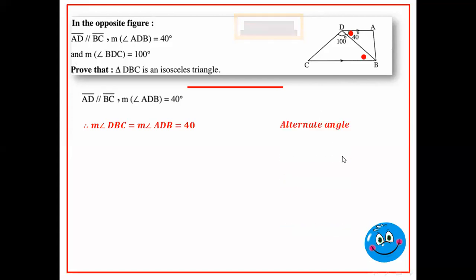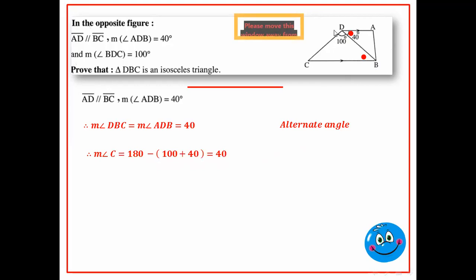Now in triangle DBC, we have two angles. How can we get the third angle? It's very easy. The sum of the measures of the interior angles in any triangle must be 180. We have two known angles, so the third angle equals 180 minus (100 plus 40), which equals 40.